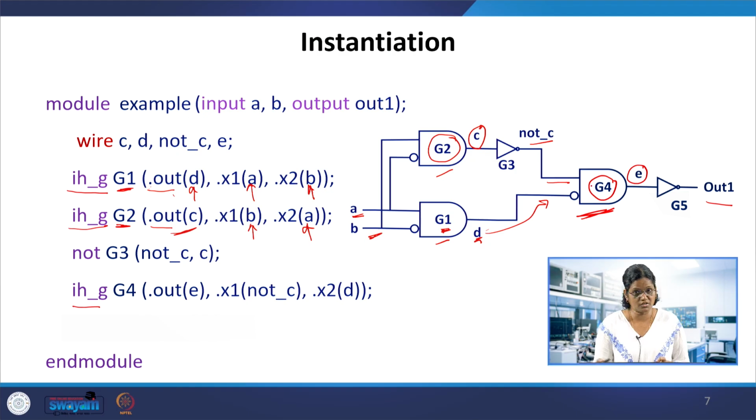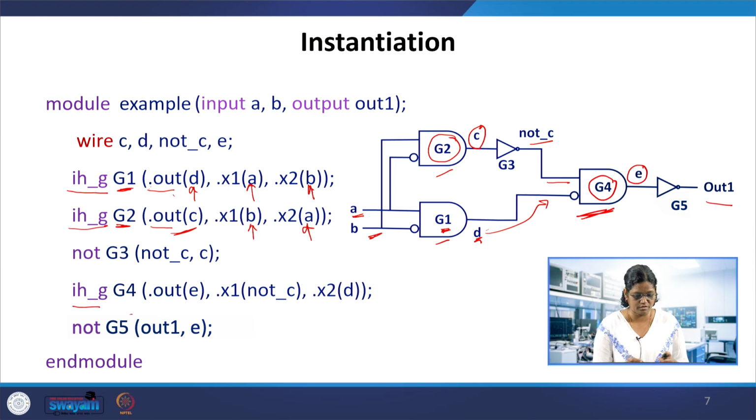So this is the third instantiation of the inhibit gate, and then only one is left. Again, we call it G5, with out and E. Now the input is E here. So these are the 5 instantiations: 1, 2, 3, 4, 5 gates are instantiated.